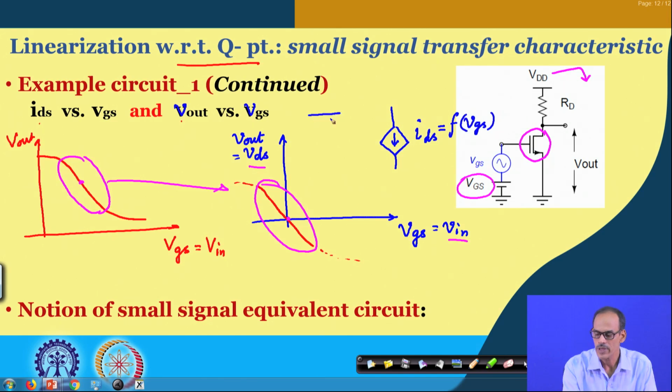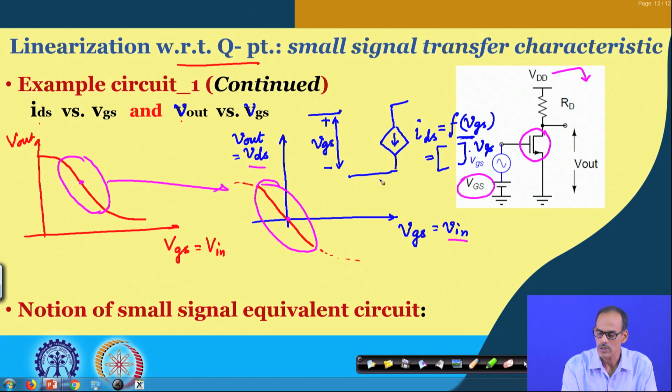And we know that this function I d s, if you see I d s in terms of V g s, has a linear form, namely some factor multiplied by V g s. And the V g s is basically the gate to source voltage after dropping the DC part.